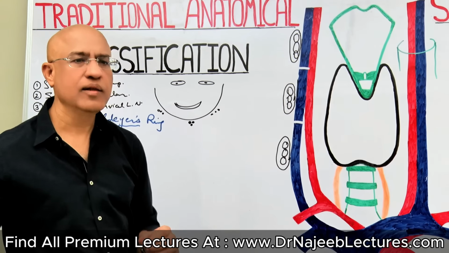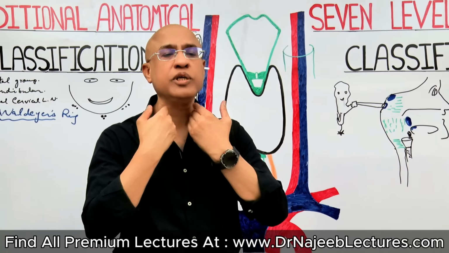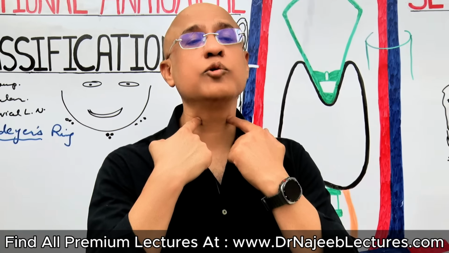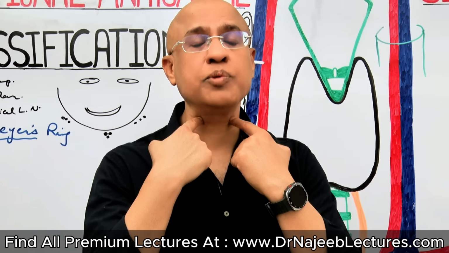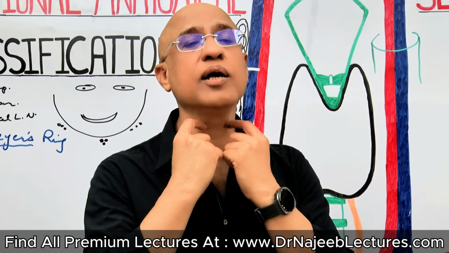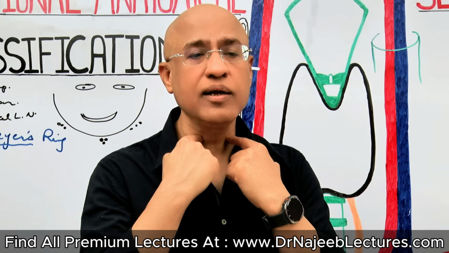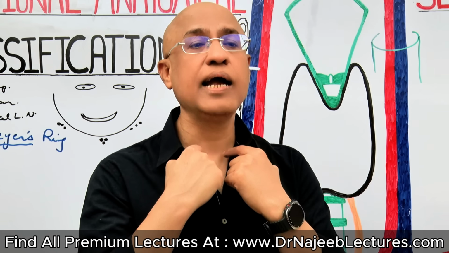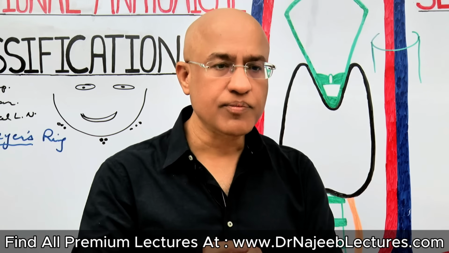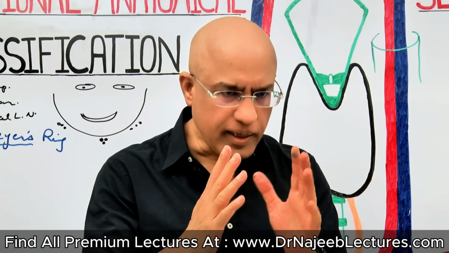So again, here is the internal jugular vein, now we go into deep dissection. In the upper third of the internal jugular vein we have superior jugular lymph nodes. In the middle third we have the middle jugular lymph nodes group, and with the lower internal jugular vein we have the inferior jugular lymph node group, right?